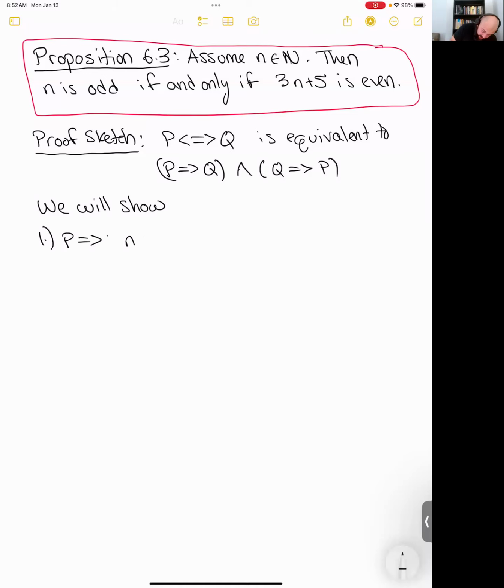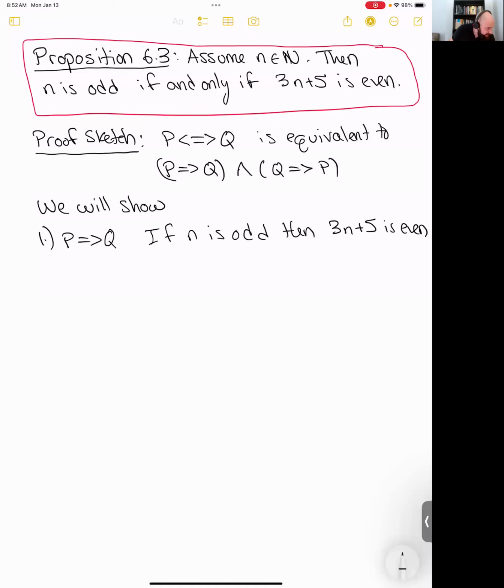So P implies Q. The forwards implication is: if n is odd, then 3n plus 5 is even.